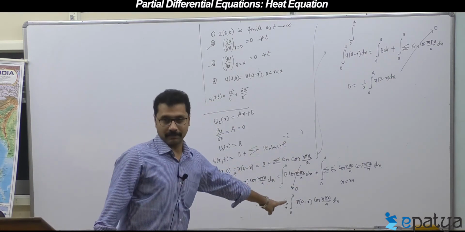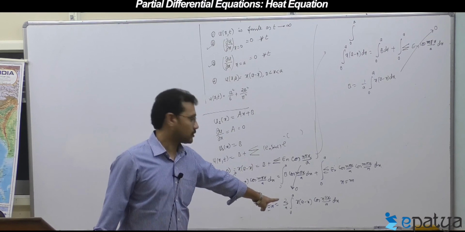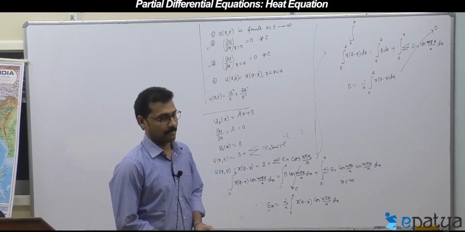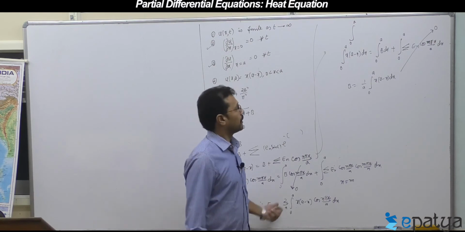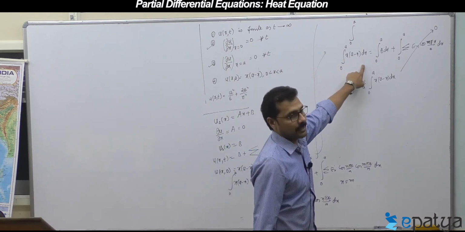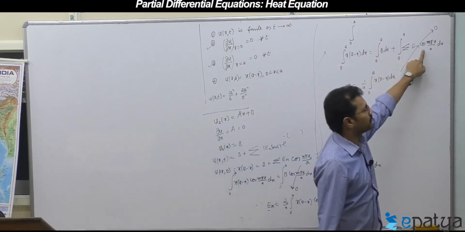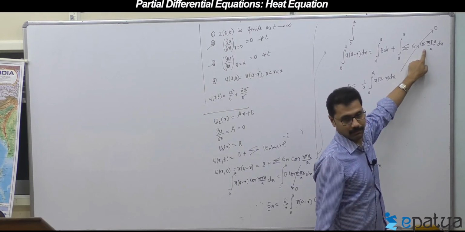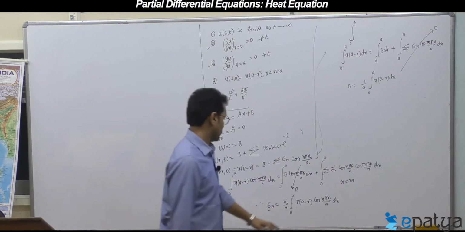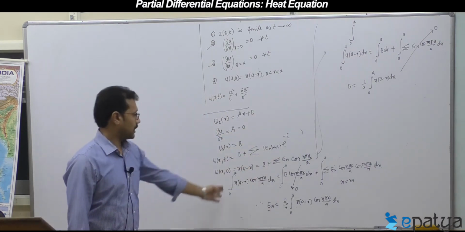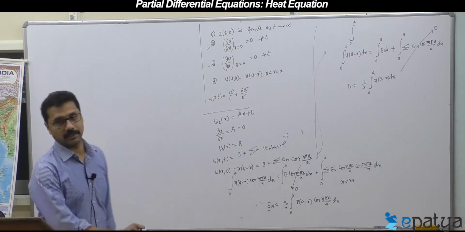This is a regular one. En is a regular one, Fourier sine series or Fourier cosine series. But this is the one, directly integrate from 0 to a. This anyway becomes equal to 0. When this becomes 0, b you got it, and here en you got it. That's all it had.